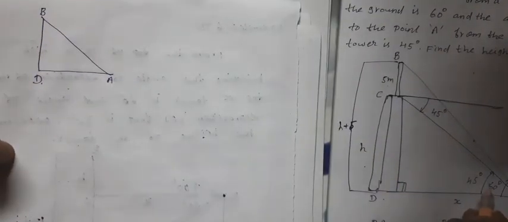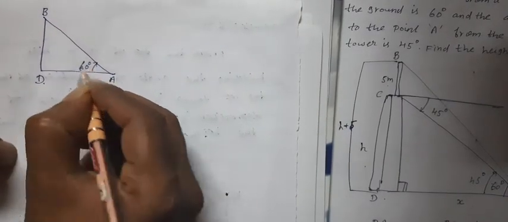So take the right angle triangle ABD, where the angle is 60 degrees.